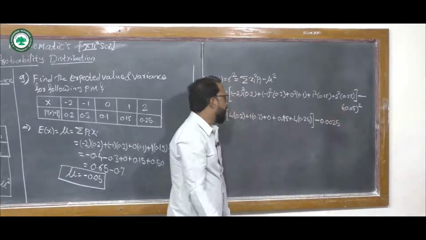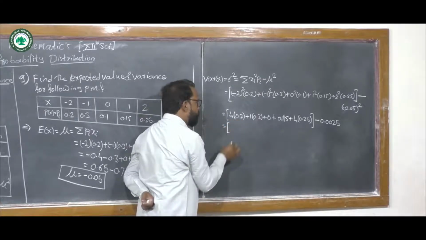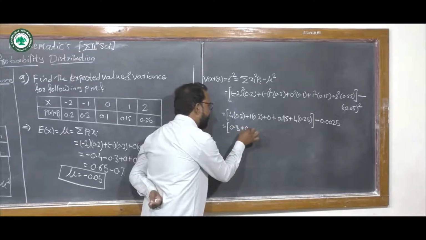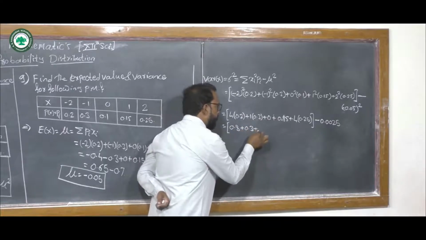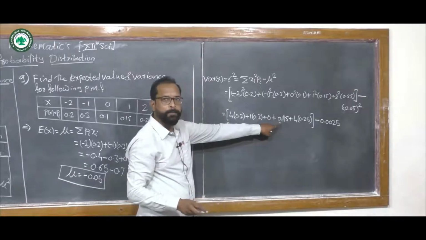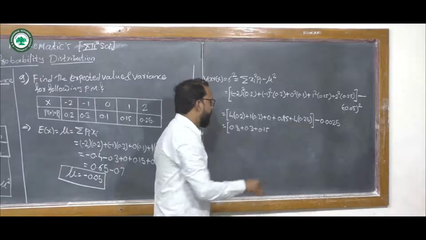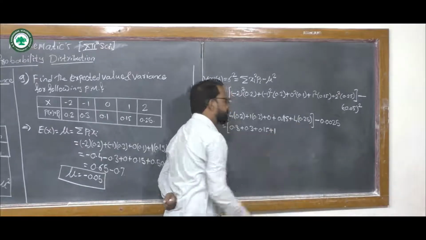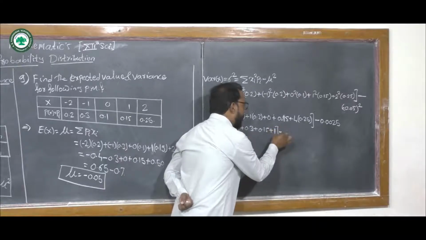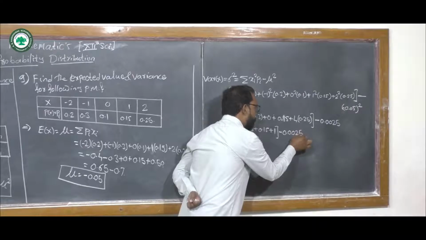Now, making these calculations, 4 into 0.2 means 0.8, plus 0.3, plus 0.15, and plus 4 into 0.25 means 1. So it becomes plus 1 minus 0.0025.